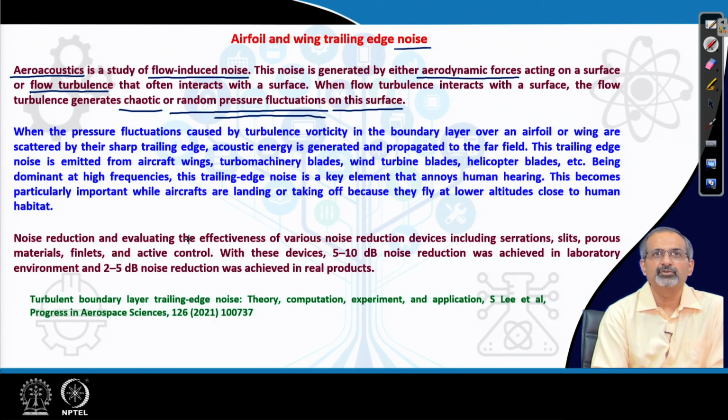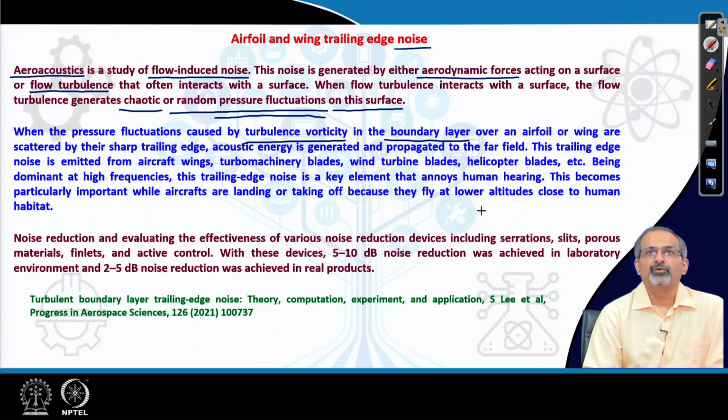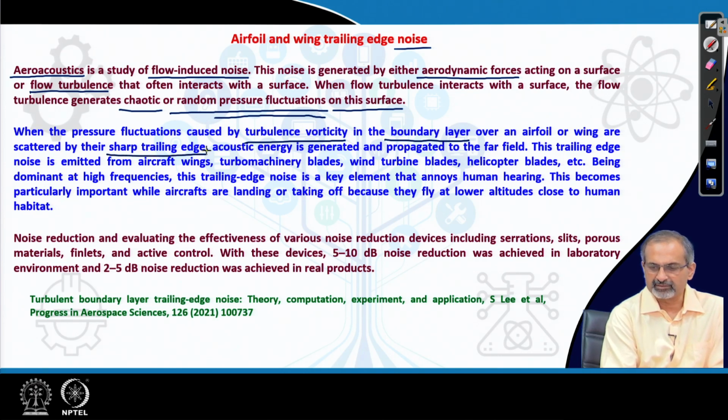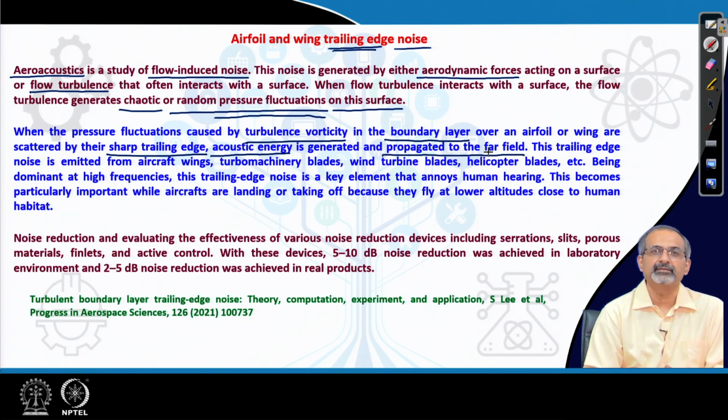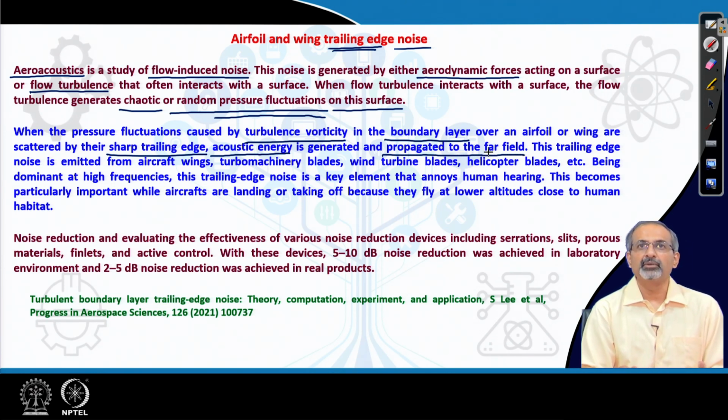So, when the pressure fluctuations caused by turbulence vorticity in the boundary layer formed over an airfoil or wing are scattered by the sharp trailing edge, that is why we are talking about the trailing edge problem, acoustic energy is generated. So, it is like sound is being dissipated from that point, and it propagates to the far field. So, it is not only created there and sustained there or in its neighborhood, but it propagates far away from there.